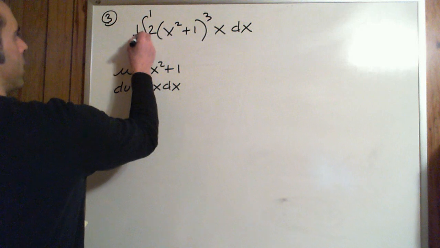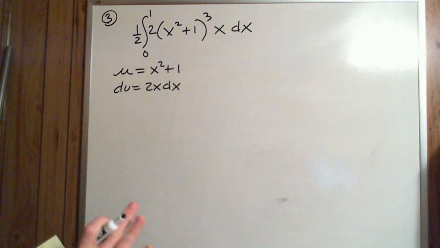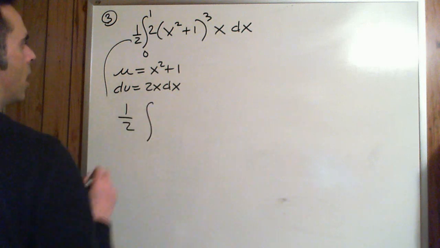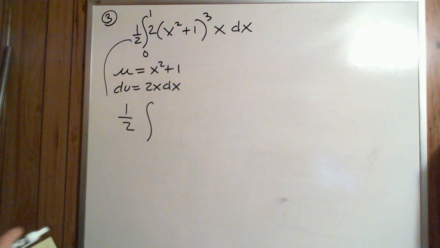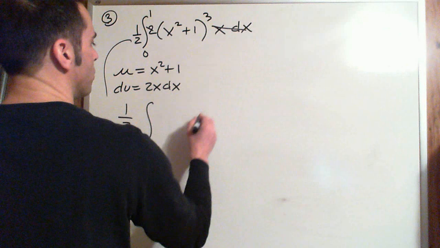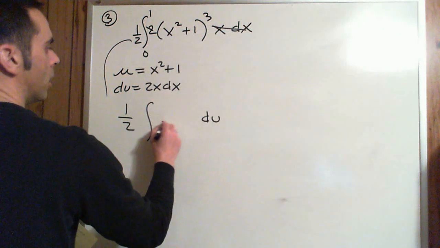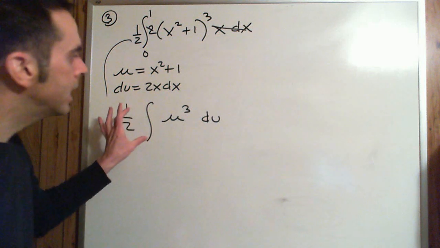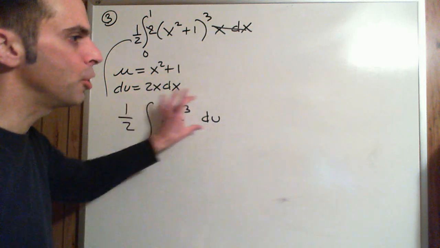I'll put a 2 in, take out a 1/2. Again, ignore the limits of integration for right now. This will become 1/2 times the indefinite integral of u to the third, with this becoming my du. Okay, now we're going to take this antiderivative in terms of u.